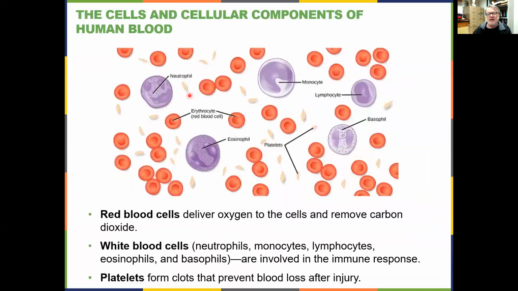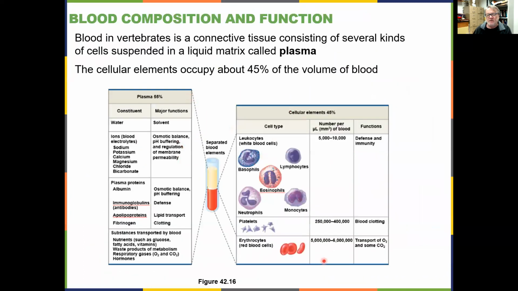Now, if we look back at our chart of erythrocytes, a single microliter of blood contains 5 million red blood cells.